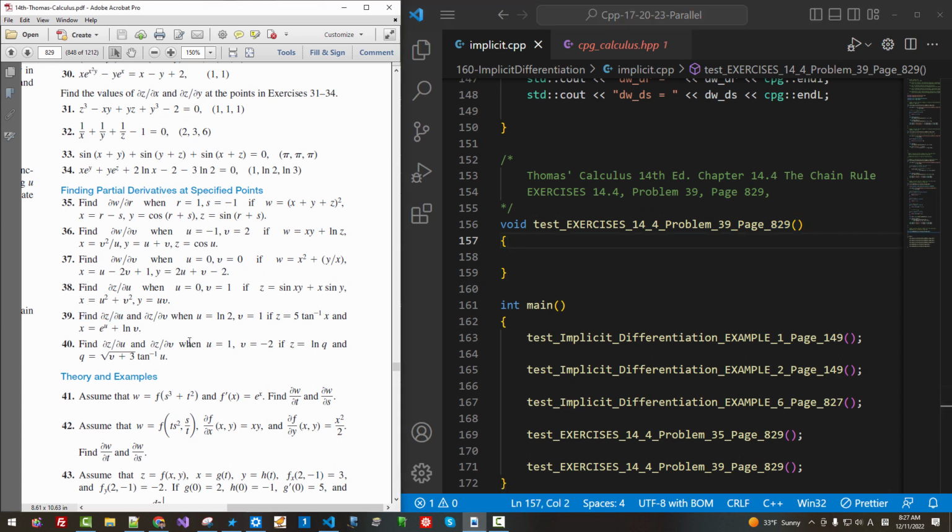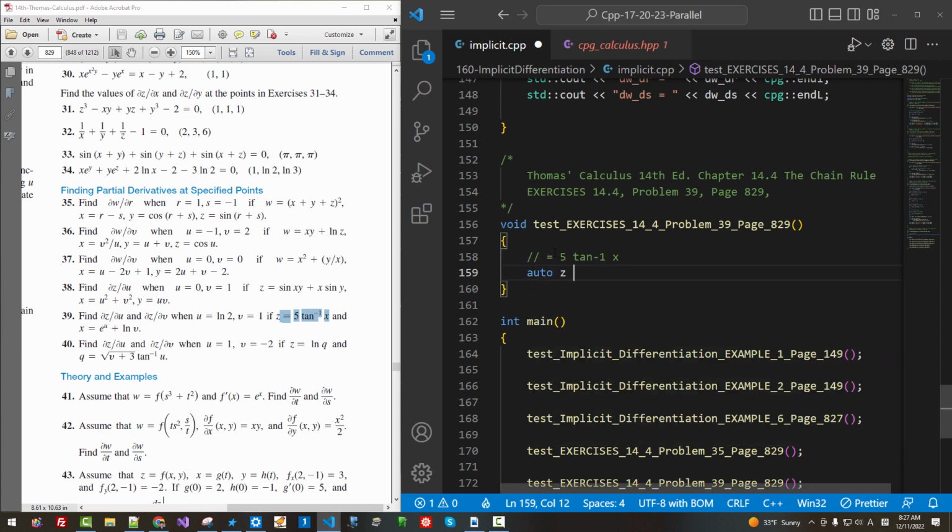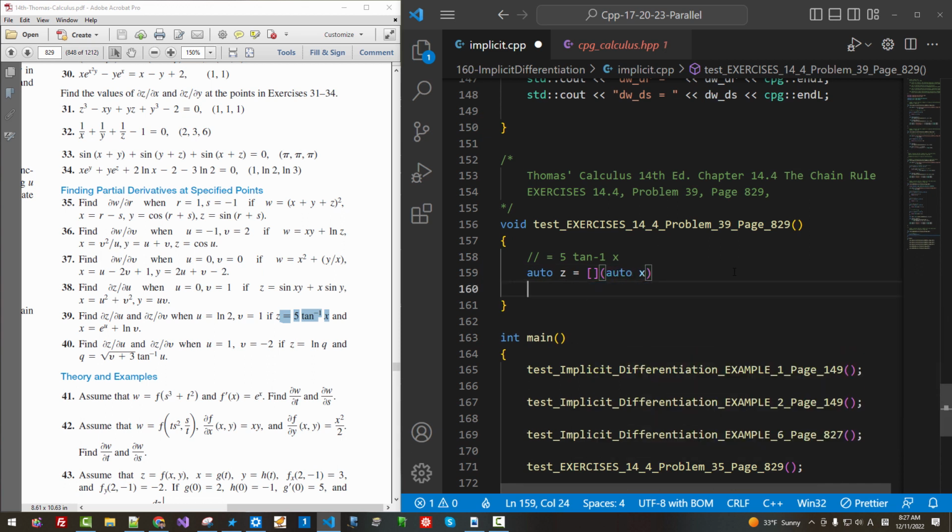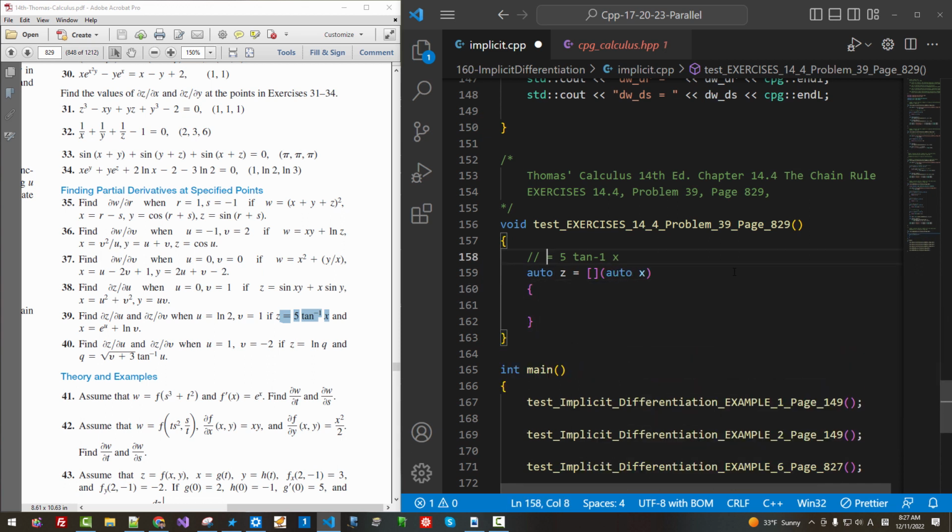We are given z, defined as 5 times arctangent x. The reason I'm going to solve this problem is it is more complex than other problems.